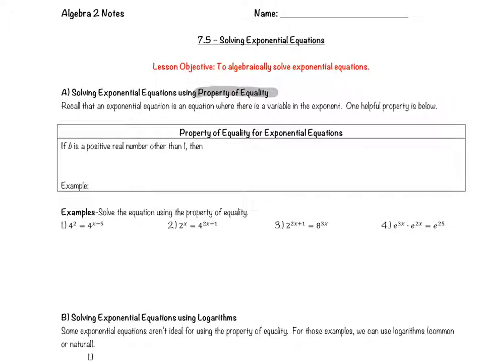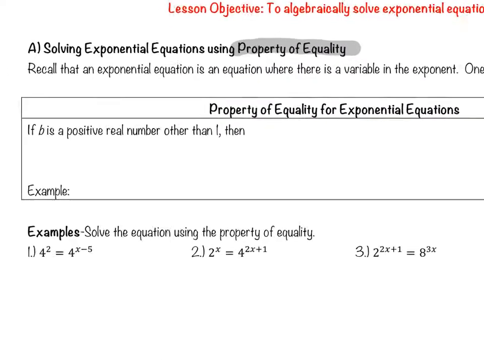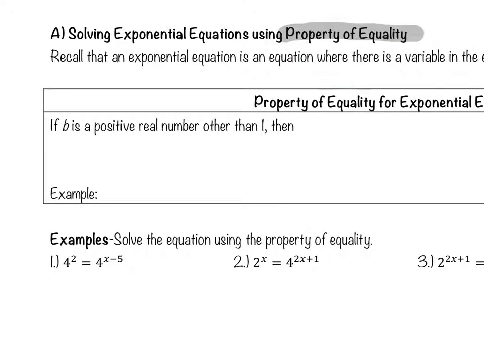The property of equality, you might think it's obvious, but it's pretty cool if you can get it to work out because it makes things a lot easier. So, what is the property of equality?